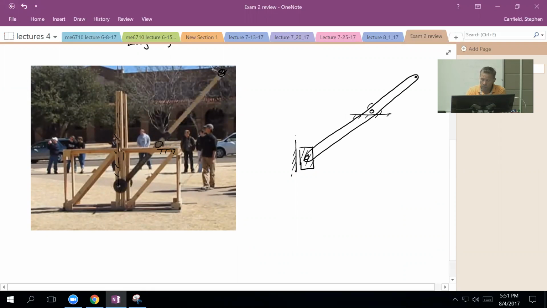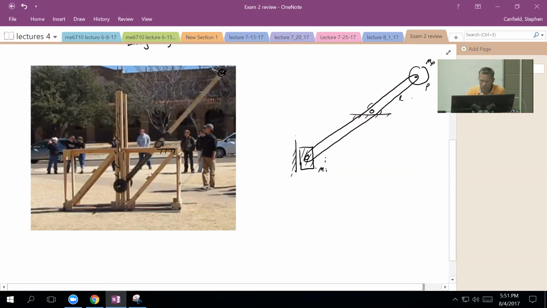And out here we have some mass. Let's call this M sub I for the input mass. We'll call this M sub P for the output mass. We'll call that P and call that I. So we have mass at these two locations. We have the behavior of this system. I guess we can call this total length L.